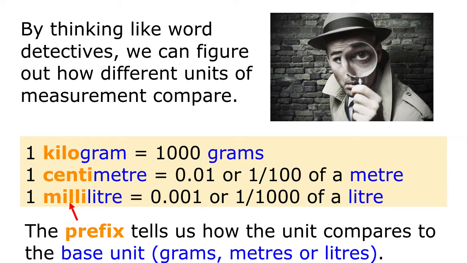The prefix kilo, centi, milli tells us how the unit compares to the base unit, grams, meters, or liters. So that prefix kilo will tell us how a kilogram connects to grams. They give us clues.